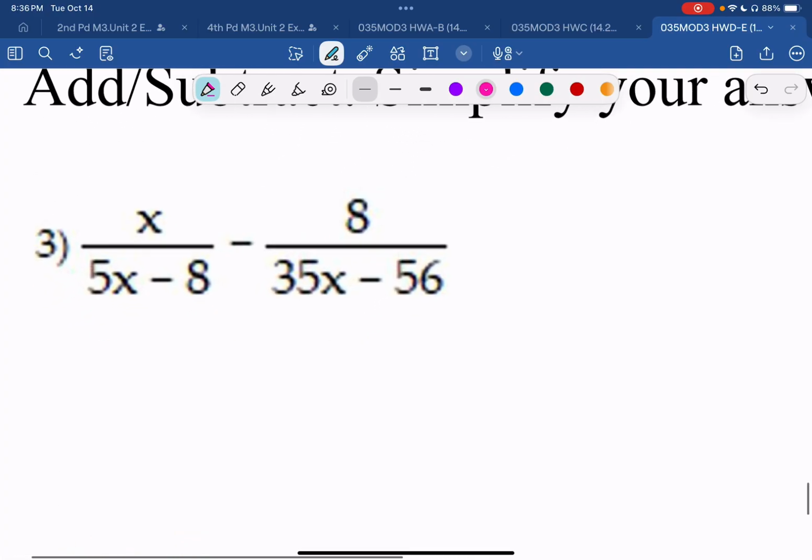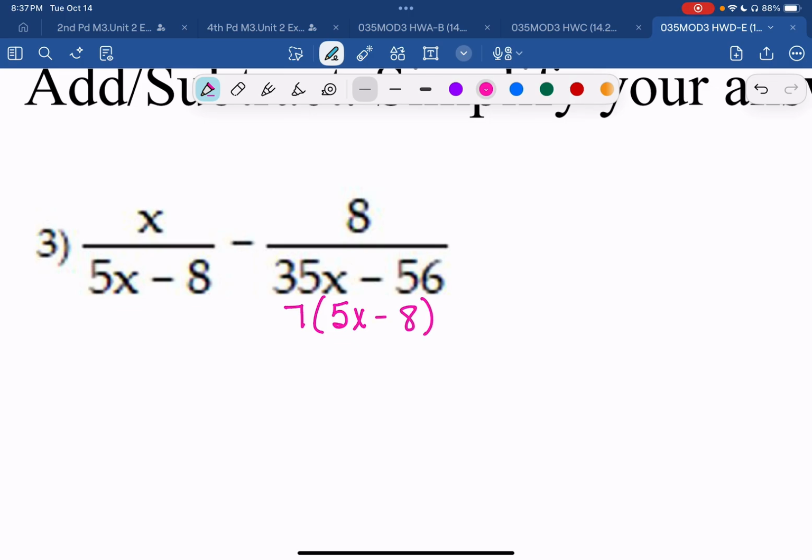Okay, all right, here we need to factor these. So if I can factor, I want to. I can't factor 5x minus 8, but I can factor 35x minus 56. So I can take a 7 out, and that's going to become 5x minus 8.